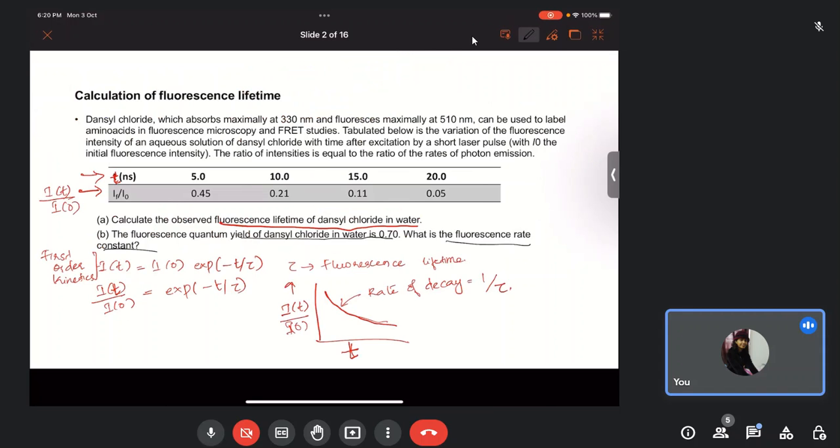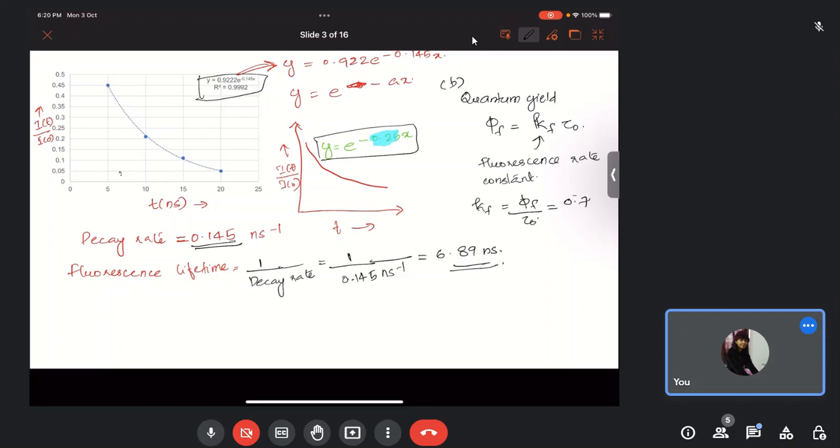We know that phi f is 0.7, and tau 0, the fluorescence lifetime, is 6.89 nanoseconds, which is 6.89 times 10 to the power minus 9 seconds.